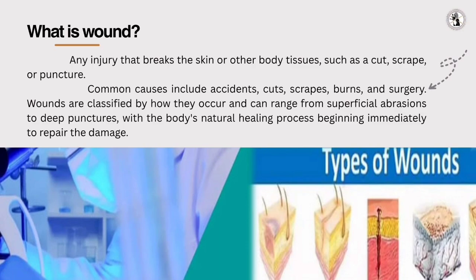It could be accidental, and it could be intentional also. A wound is further classified into bruises, laceration, abrasion and avulsion. So there are different parameters of wounds, different parameters of injuries that are caused to our body.